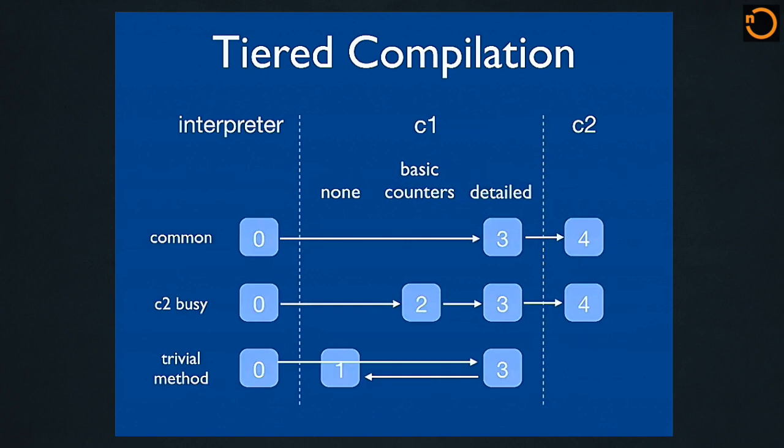There are 5 tiers. Tier 0 is the interpreter. Tier 4 is C2. That's usually the end goal. That's the server compiler, the one that's fast. C1 is our intermediate waypoint. And tiers 1, 2, and 3 are all C1.